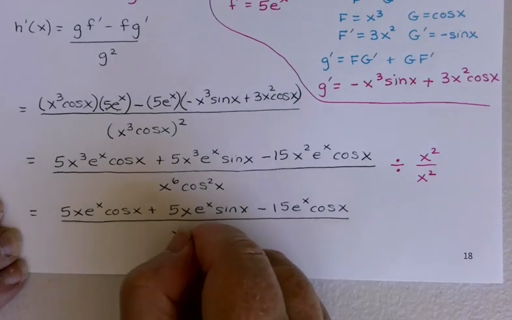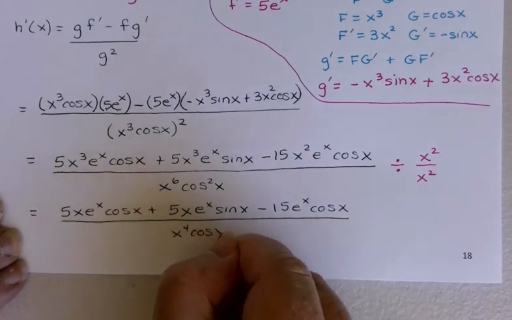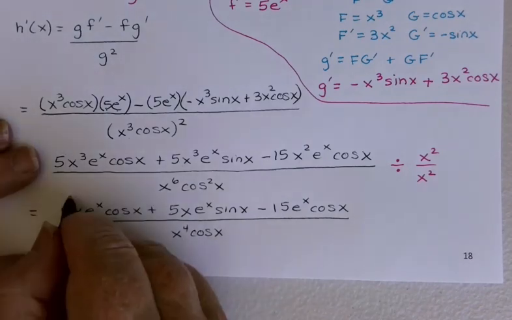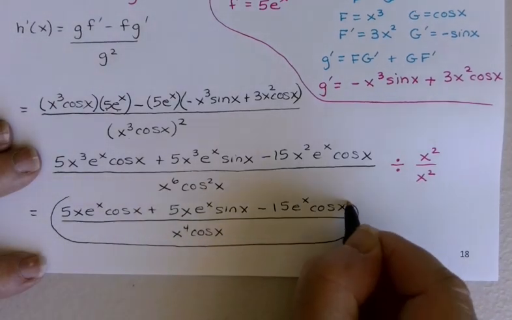And the bottom would just be x to the 4th cosine x. So there's a fully multiplied out and simplified version of the answer.